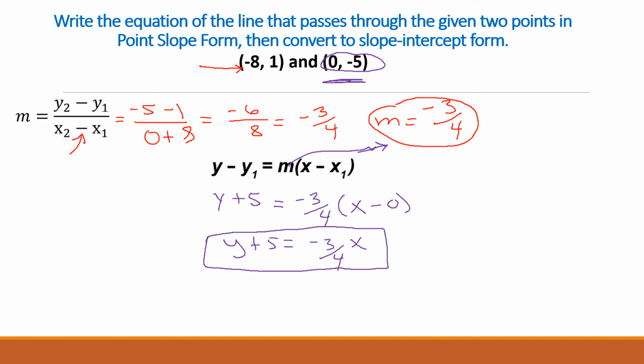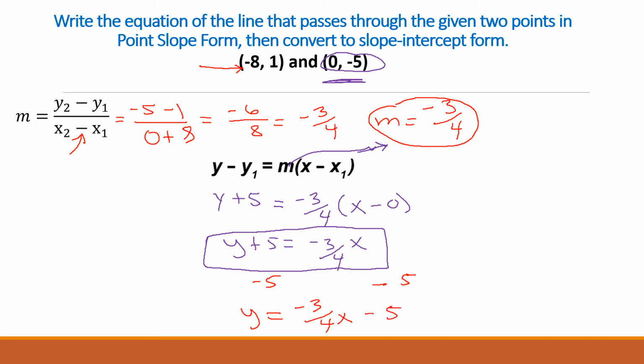So that's simplest form. So that's point slope. And now converting that to slope intercept. Notice I don't have a like term for my 5. So I'm just going to subtract 5 from both sides. But I don't have anything to subtract it from, so I just bring down that negative 3/4 x and that minus 5.